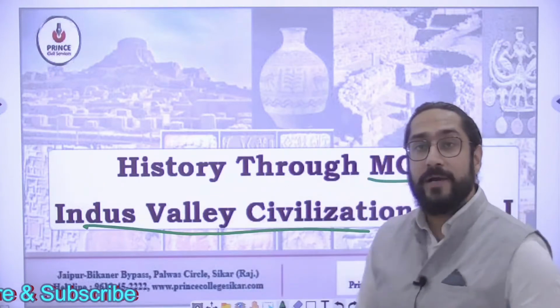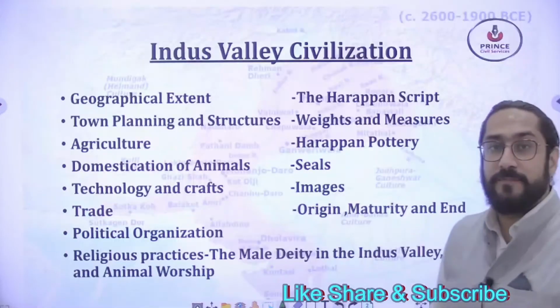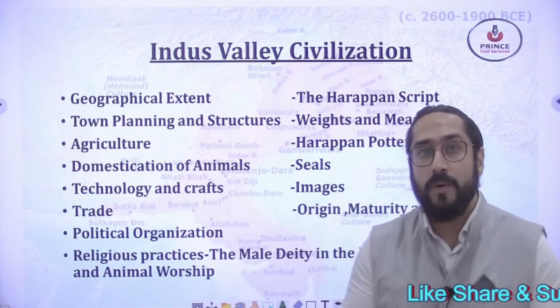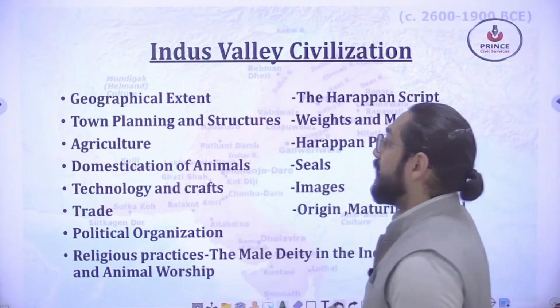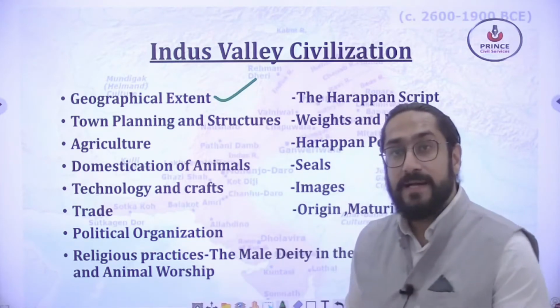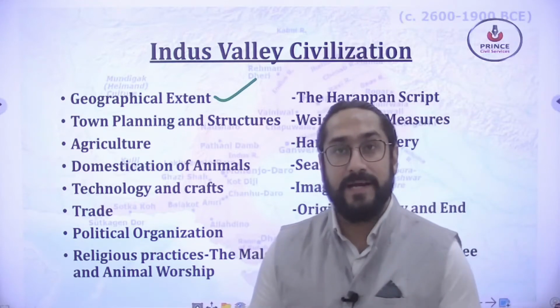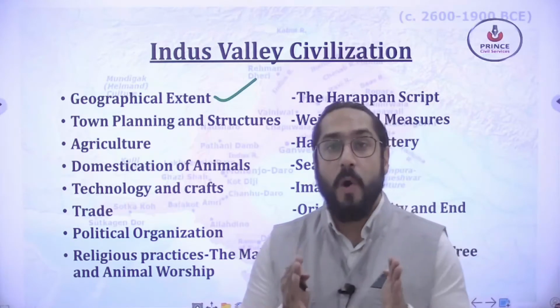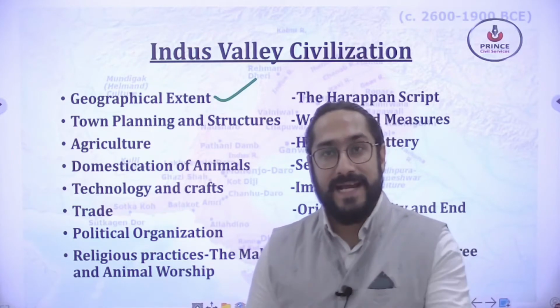But before I move into question number 1, please have a look at the subtopics which you need to learn whenever you are reading the Indus Valley Civilization. You need to understand the geography and the important sites. You must have heard about Harappa, Rakhigarhi, Kalibangan and so on. Always learn what those sites are and where they are located.